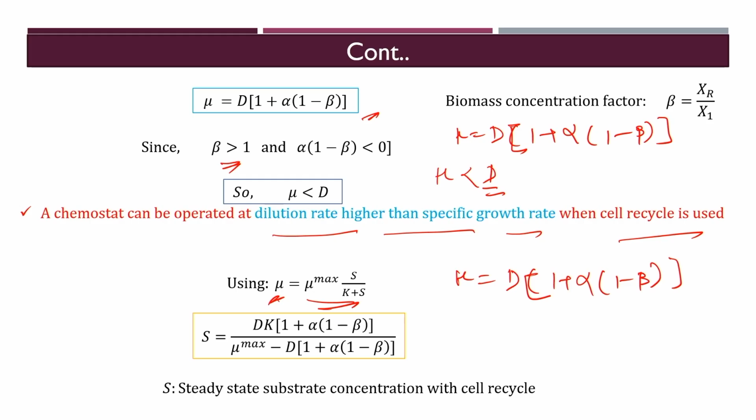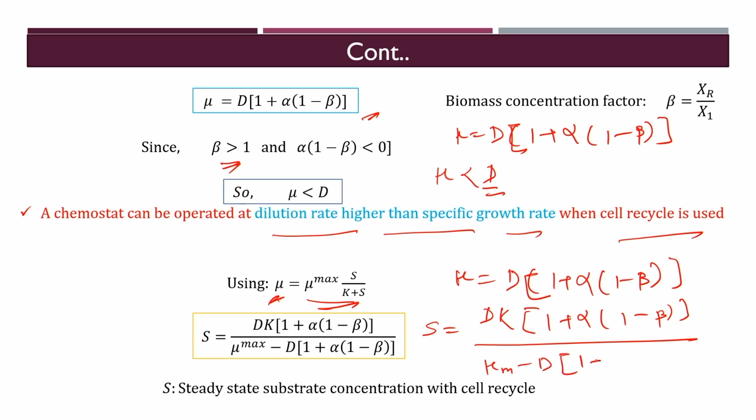If you put the value of mu here and rearrange, we are getting the value of substrate as D Ks (1 + alpha(1 - beta)) divided by mu max minus D(1 + alpha(1 - beta)).